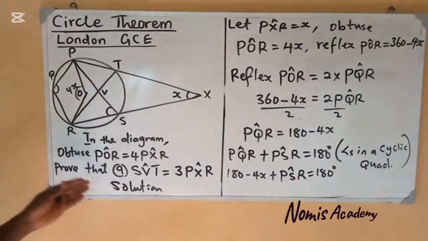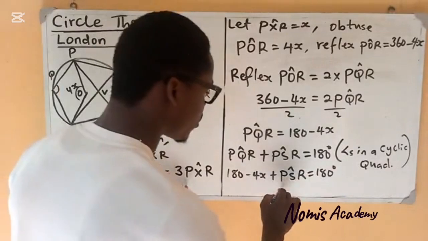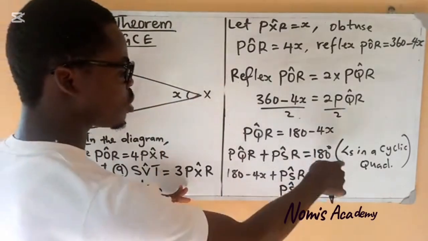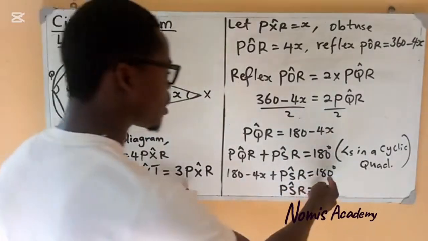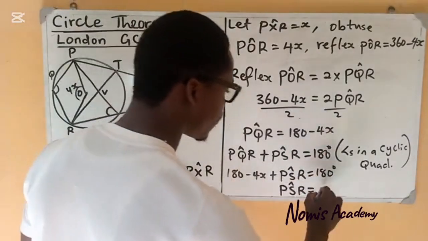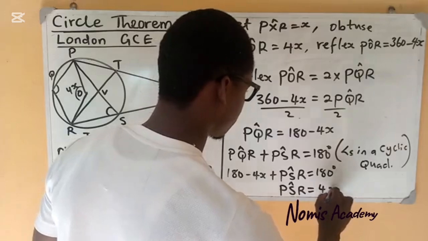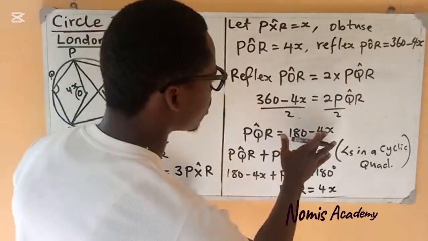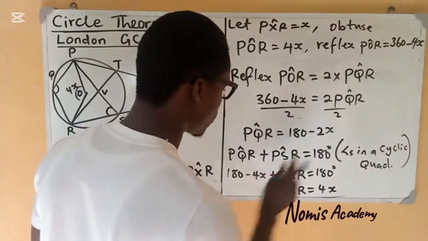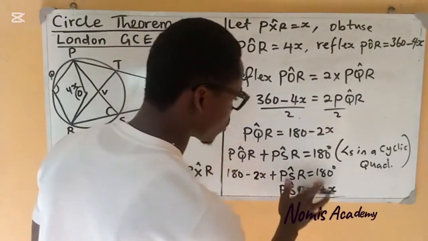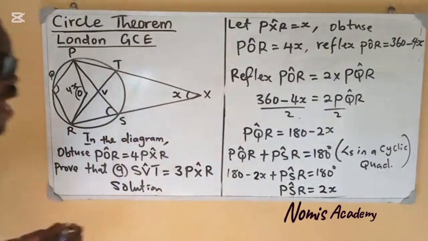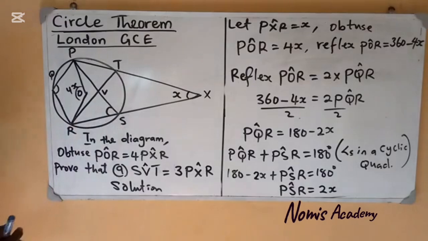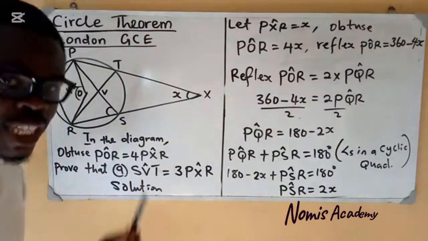So PSR is equal to, when you take this to the other side, it becomes negative, so this cancels out. Sorry, here we have 2, and here we have 2. So PSR is 2x.